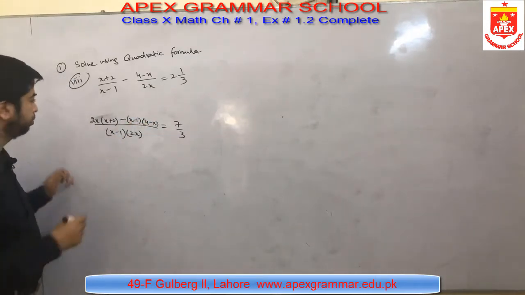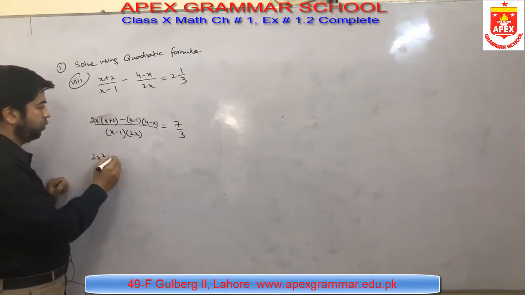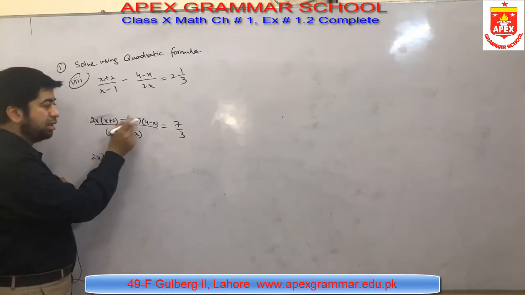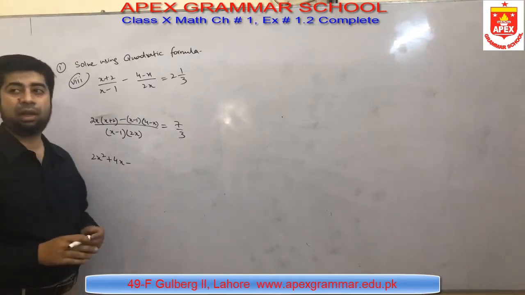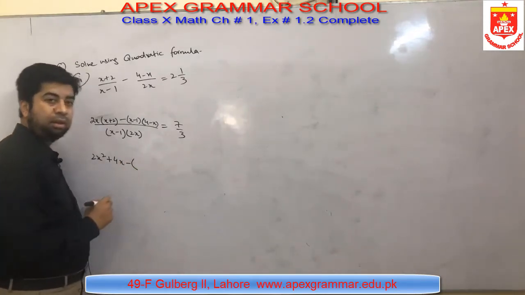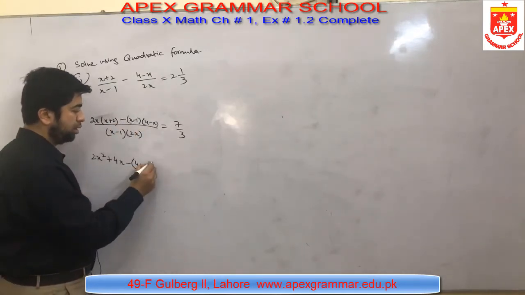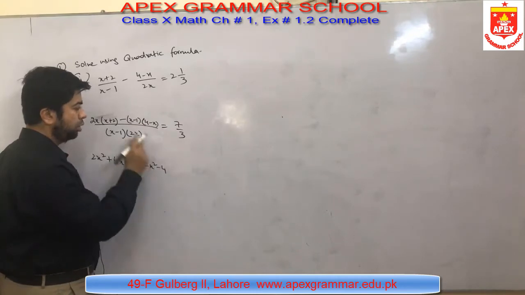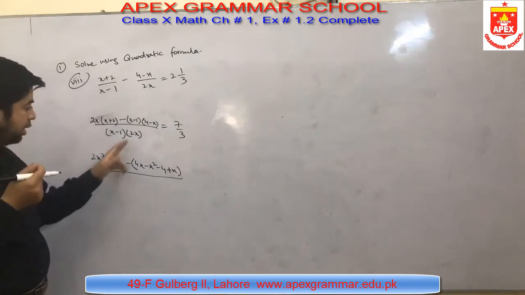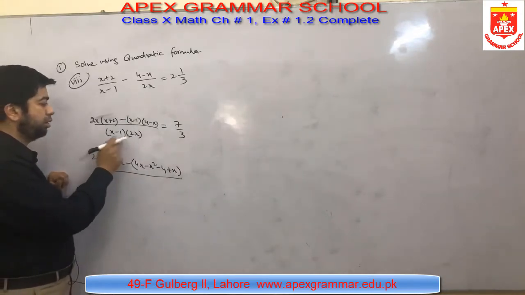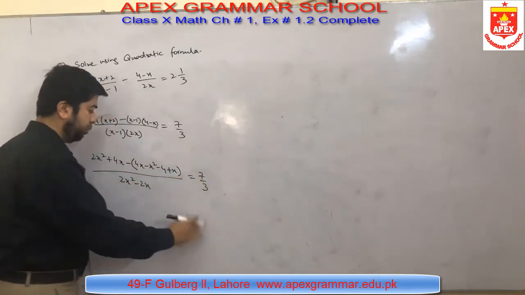Now multiply it. 2x square plus 4x. This is minus sign, but after the minus sign these both values are going to be multiplied, so after the minus sign I am applying the bracket. So multiply it. 4x minus x square minus 4 plus x, divided by, just multiply both the values in the denominator, 2x square minus 2x is equal to 7 divided by 3.